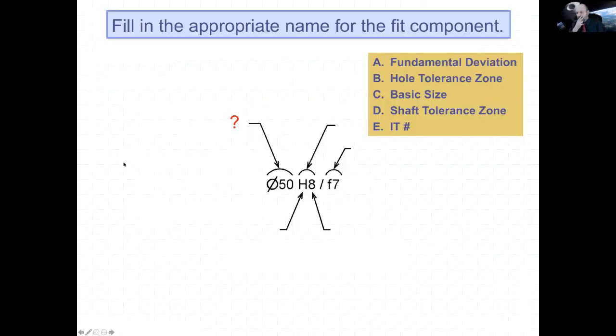All right, let's see how we can do here. Take a look at this, and you can write this down on a piece of paper. You don't have to put it into the chat box. The first question, with the question mark, is pointing to this first part here, which includes a diameter symbol and the 50.